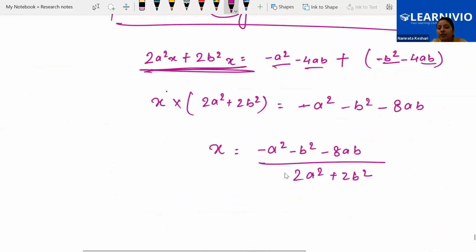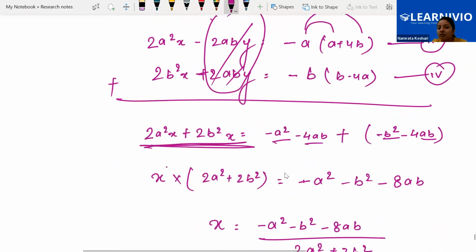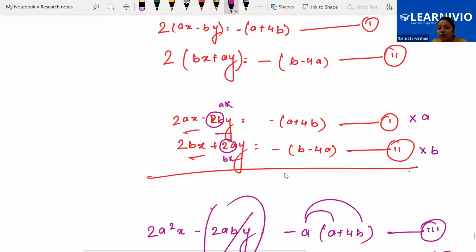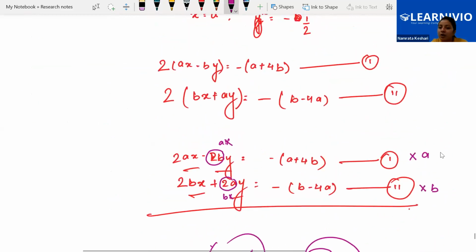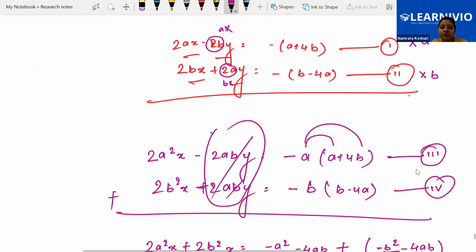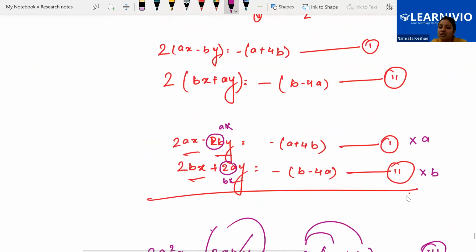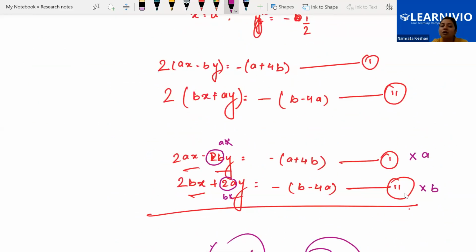And for the y value, whenever you get this type of x value, please don't put it in any one of the equations to get the y value. Better to again start from the equations, and this time not 3 and 4, but 1 and 2. Now this time we will make the coefficient of x same, and we will eliminate x to get y.